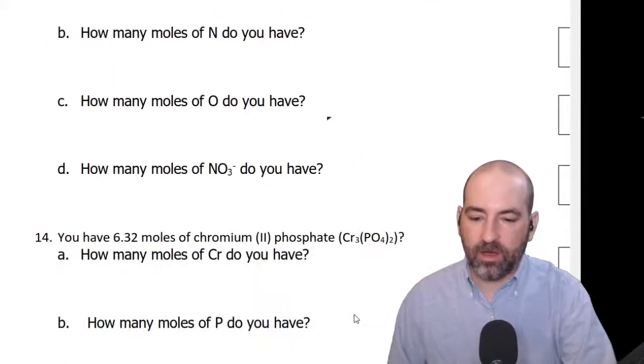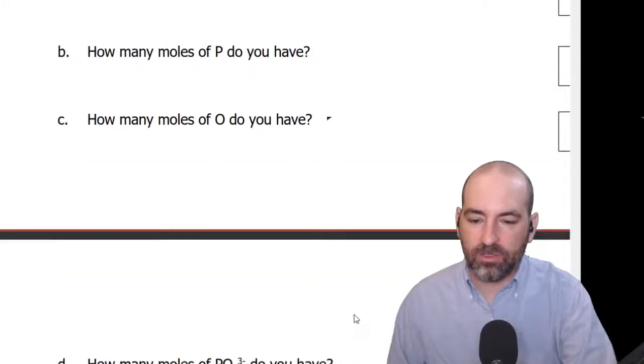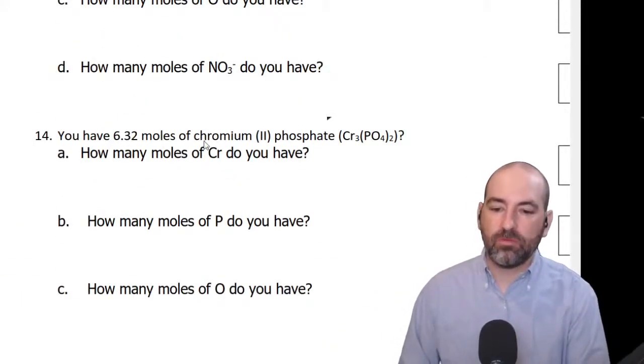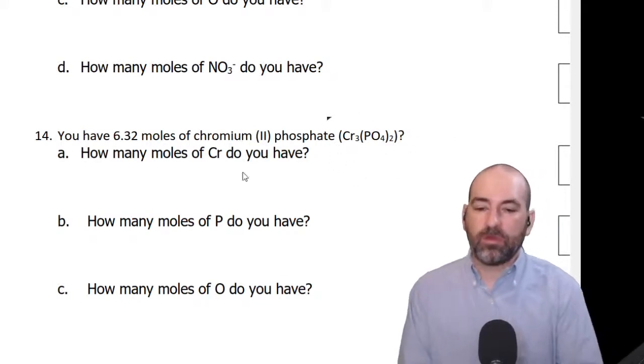Let's jump down where the numbers get a little bit trickier, but the concept is still the same. You have 6.32 moles of chromium 2 phosphate. Here's the formula for chromium 2 phosphate. How many moles of chromium do you have?